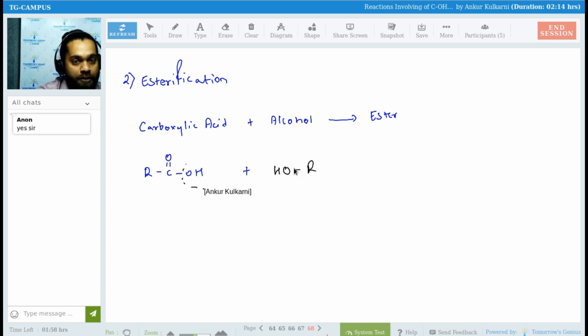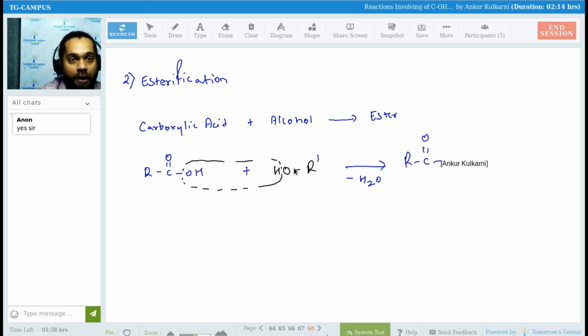So what happens? This gets eliminated, again a loss of water. And what will we get? RC double bond O, OR. This happens in an acidic medium.